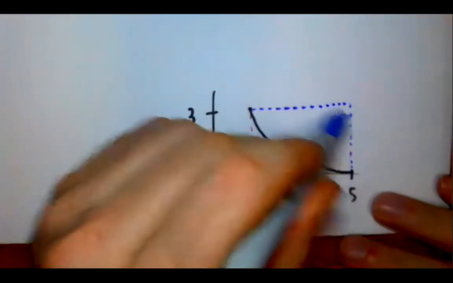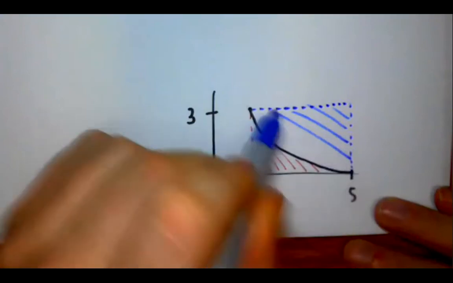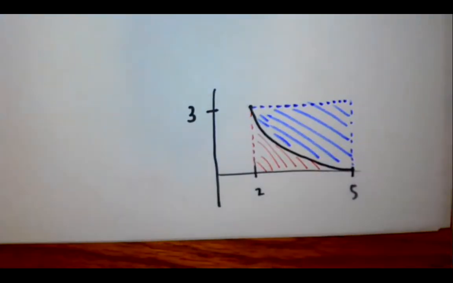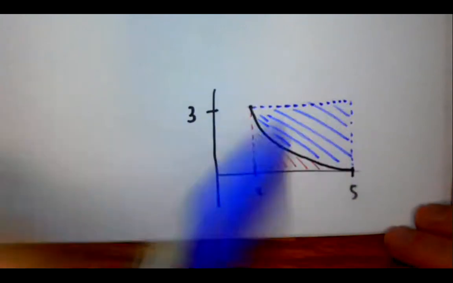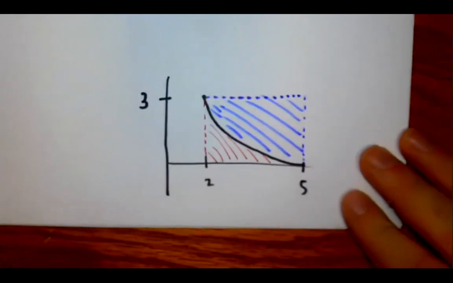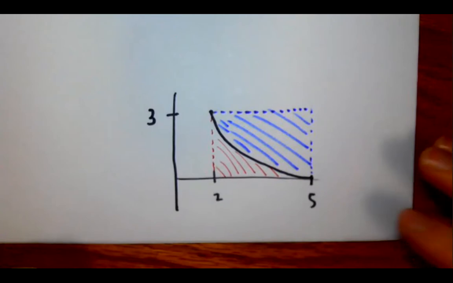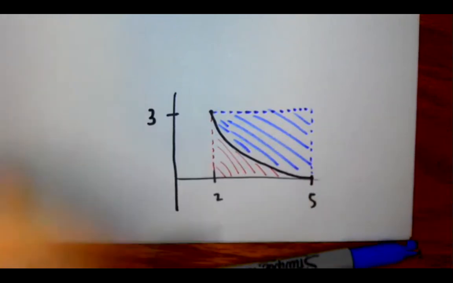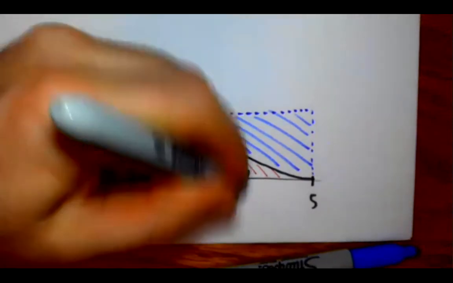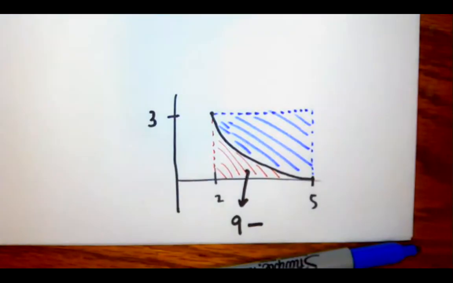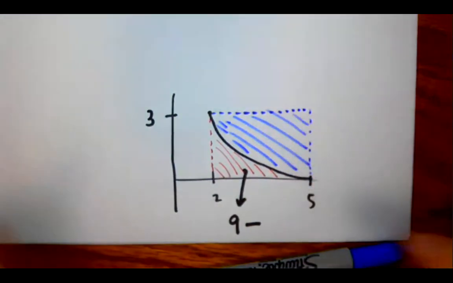Now, would it make sense to say that the area that I want, the red area, is going to be 9 minus the blue? Just geometrically, does that make sense? Yes. Okay, so the red area is 9 minus, we've got to figure out the blue.